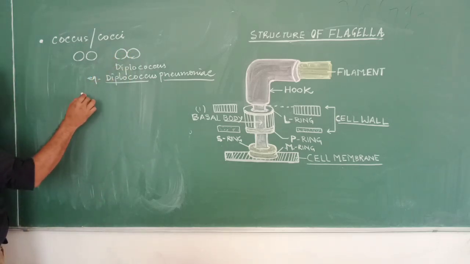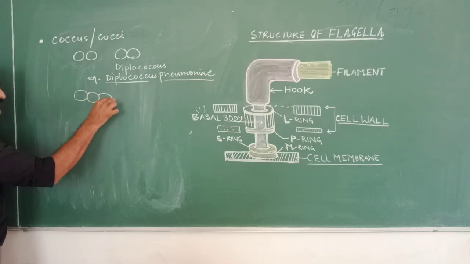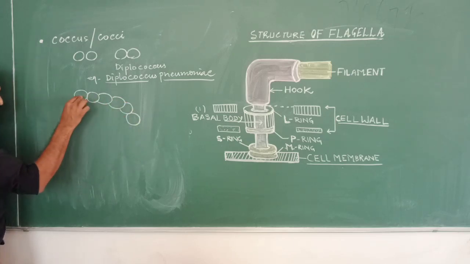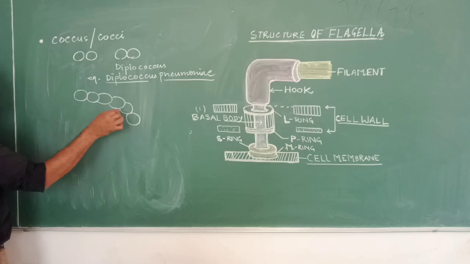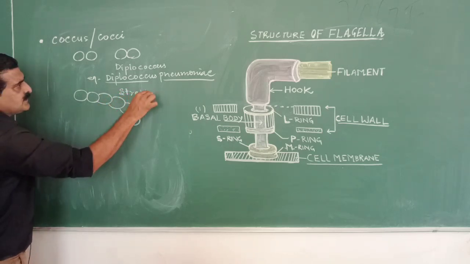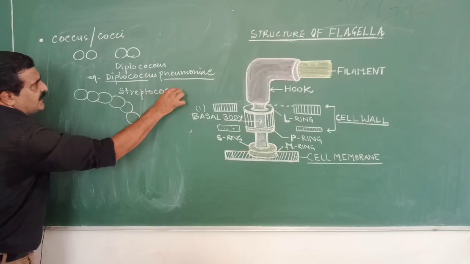These are not only in a pair, sometimes they are arranged in a ring-like or you can say a chain-like structure. Now in this condition, these cocci are known as streptococcus.